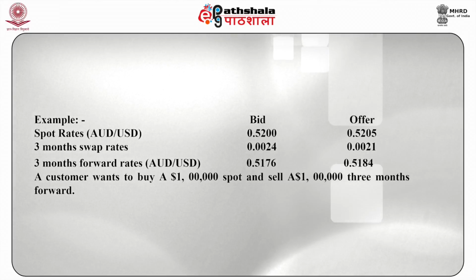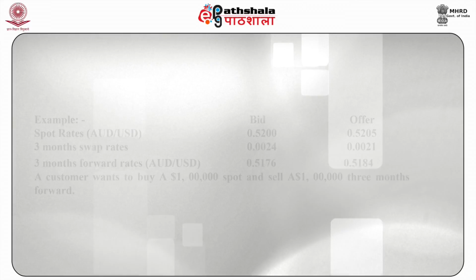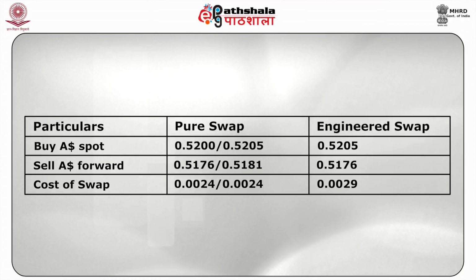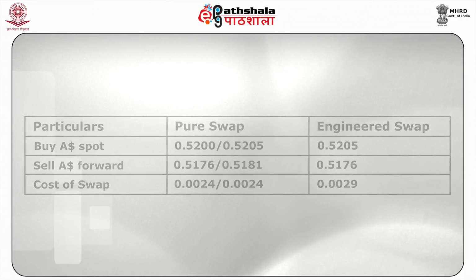A customer wants to buy $1 lakh spot and sell $1 lakh 3 months forward. So, the cost of the swap as pure and engineered is given in the following table. Therefore, it is clear that a pure swap is more economical than an engineered swap. This is because in the above example, the total cost of the swap is less in the case of a pure swap.